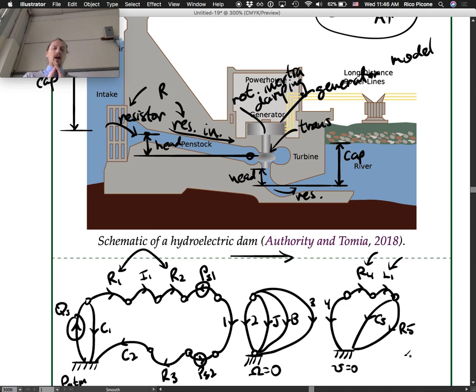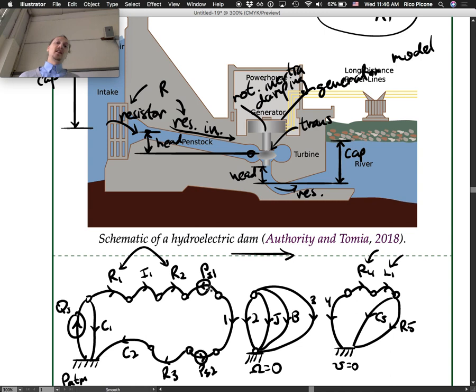Okay. Any other? Yeah. So if the head went the other way instead of dropping down and went up, that just changed the sign of the pressure? Exactly. So if you had say your turbine was at the low point and your outlet was higher than the turbine, then you could just change the sign of your input pressure.